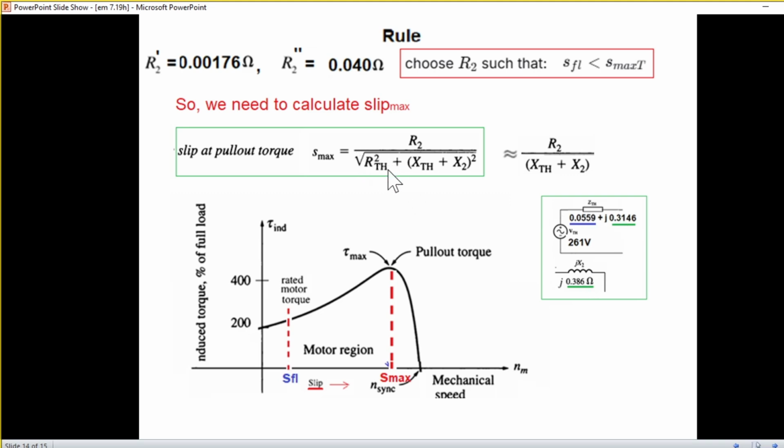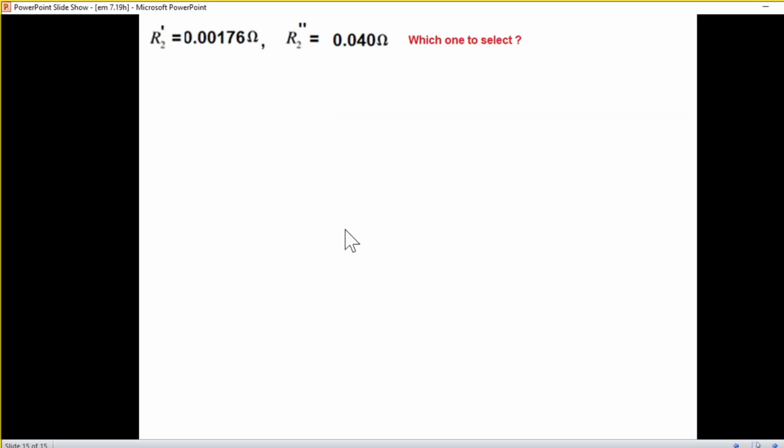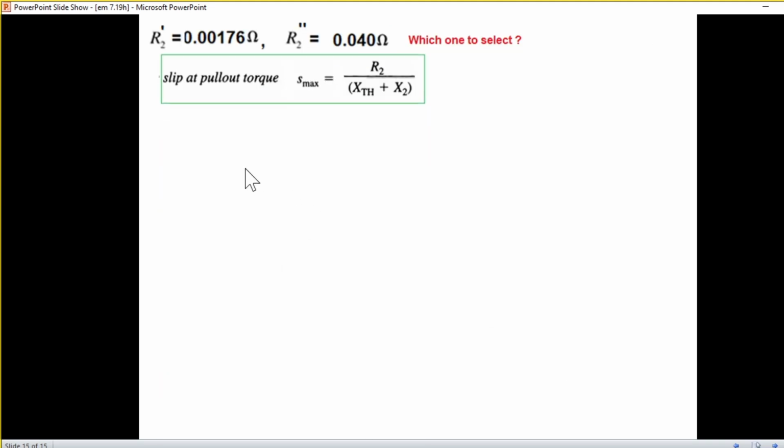And therefore, when R Thevenin is neglected, this square will cancel with the under root, so we'll get this formula. So we'll be using this formula to find the two maximum slips.